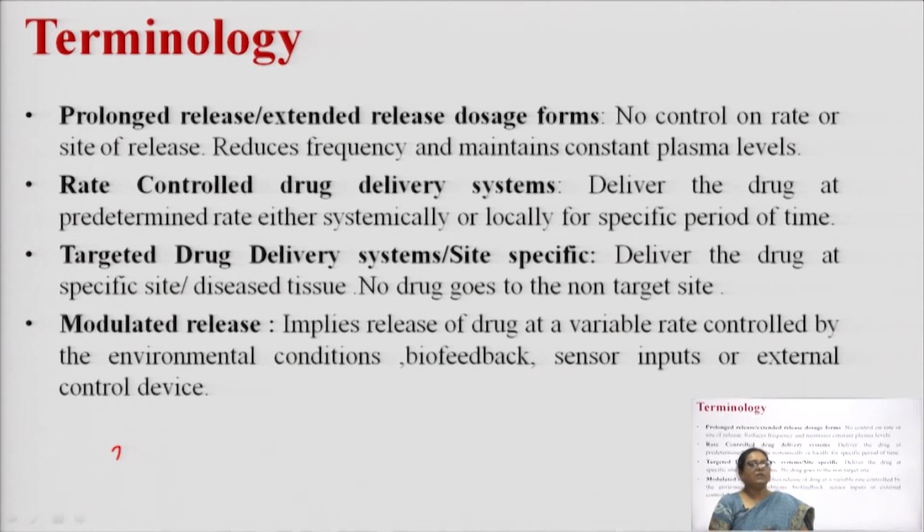That is, they can release the required amount of drug from the dosage form at required time periods. So that these modulated release preparations basically imply the release of drug at a variable rate which is controlled by the environmental conditions like biofeedbacks and sensor inputs or external control devices.